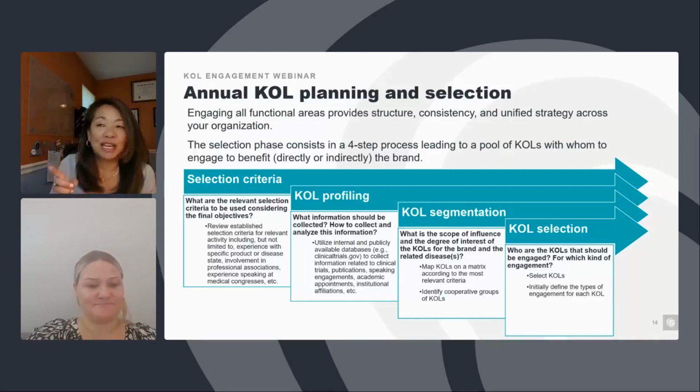100%. So I did have the responses from that third question, right? About 42 said none of the above, not applicable. So interesting. Maybe there isn't an organizing body. It's unclear how it breaks down by not applicable or none of the above. But all of the above, about 28% of folks said that, on what functional areas are involved with planning on an annual basis: 13% commercial, 15% medical, and then 3% market access.